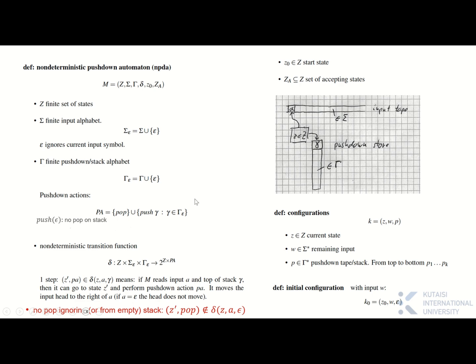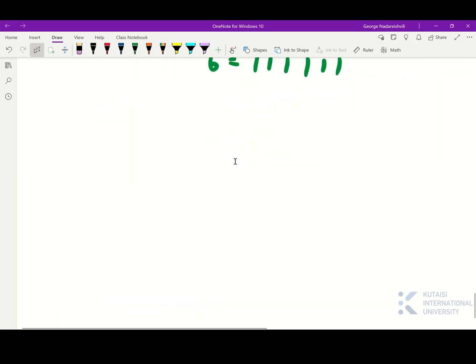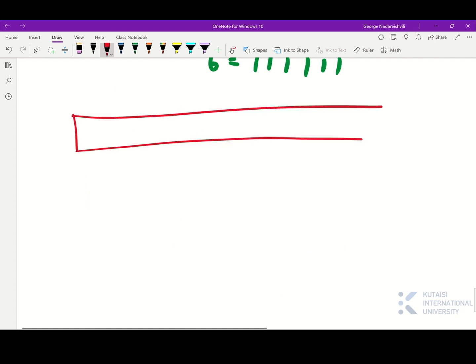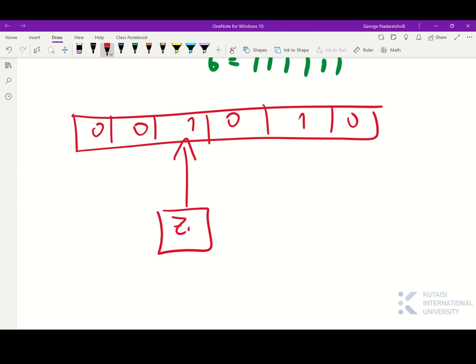So for example, let's say this is my tape, and this thing is written here, my machine is here in state Z17, and my pushdown has, I don't know, A, B, C, like this.